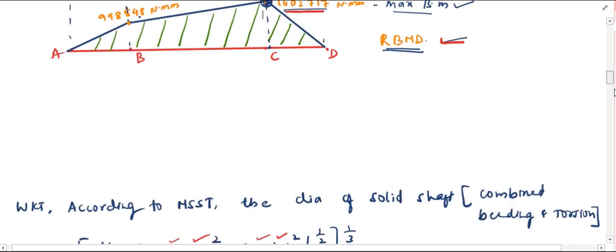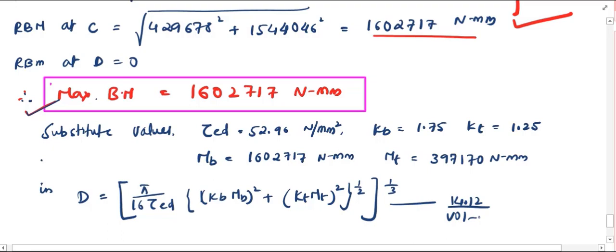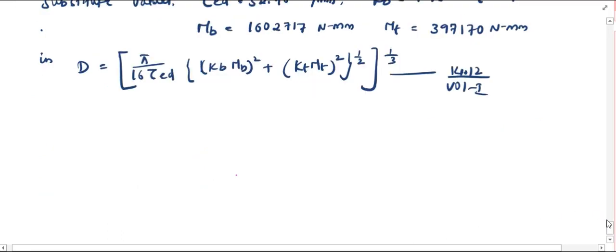Let us substitute all the values in equation 14.12, volume 1 from Dr. K. Lingaya. So upon solving, we will get the value 64.94 mm, and approximately it is 65 mm.